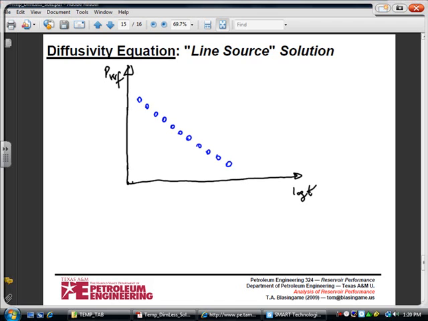Okay, so this is what will happen. We will have the pressure data, and when you plot the pressure data, it will look like a straight line during infinite acting radial flow. And what you are going to do, okay, let's give numbers, 0.01, 0.1.